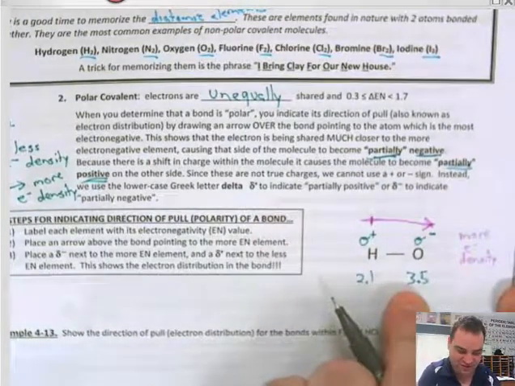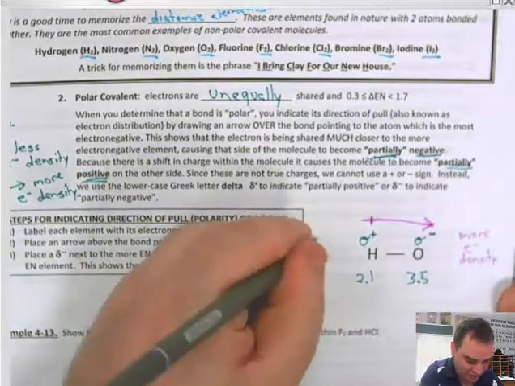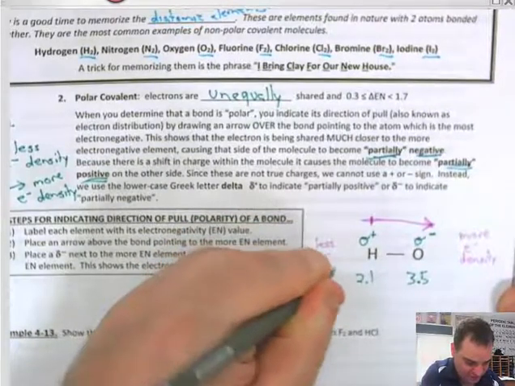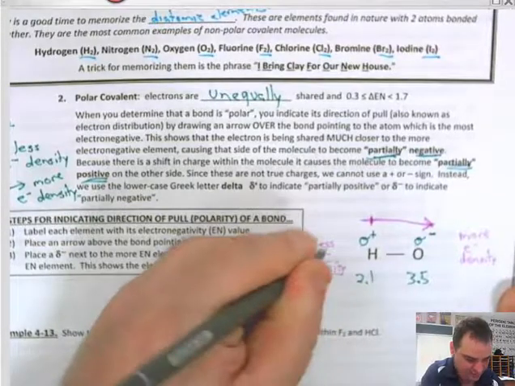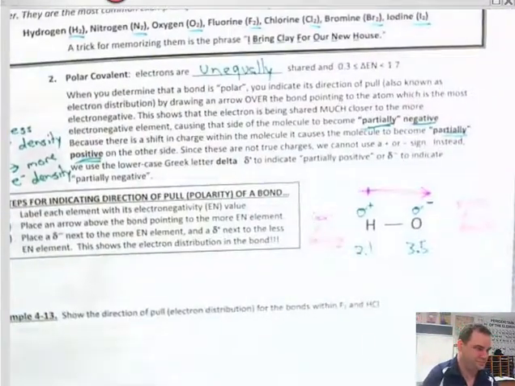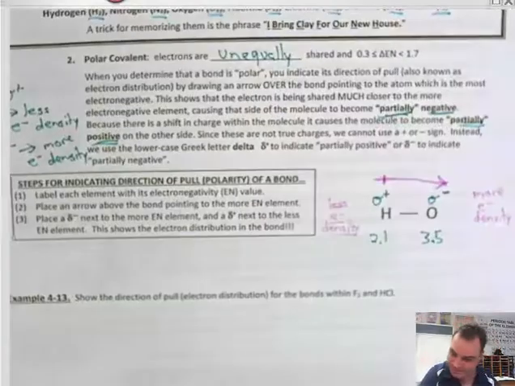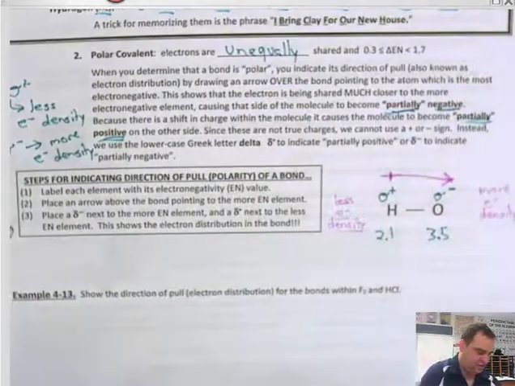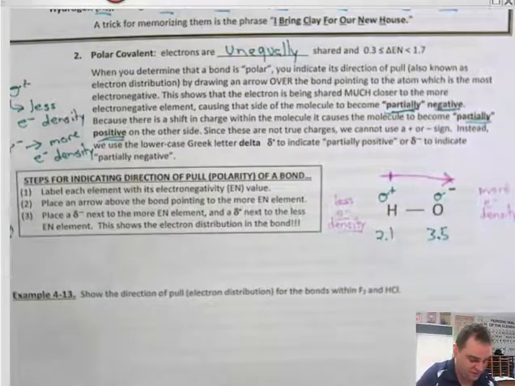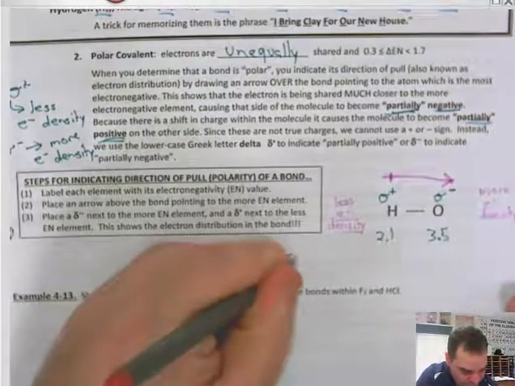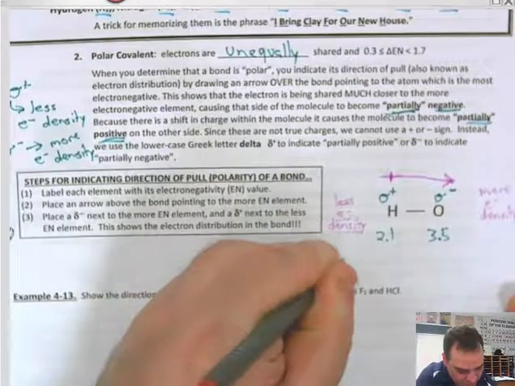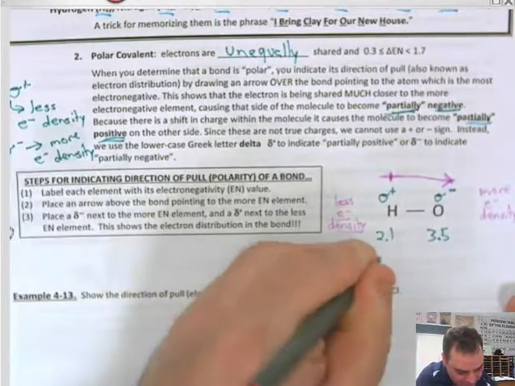This one wants electrons more than hydrogen does, and hydrogen would have less electron density, because it's 2.1. The electronegativity difference was 1.4, which proved that it was polar covalent.